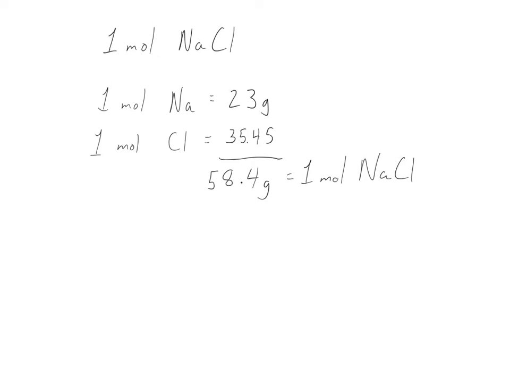We can't call this gram molecular mass because this isn't a molecule, this is an ionic compound, so it has its own name as well, and we call it the gram formula mass, or GFM.